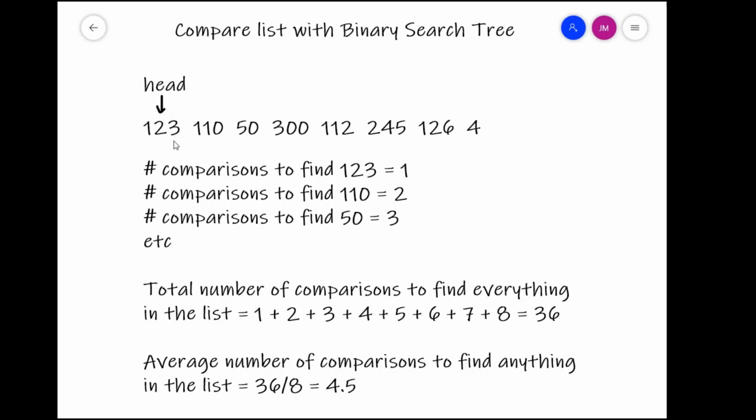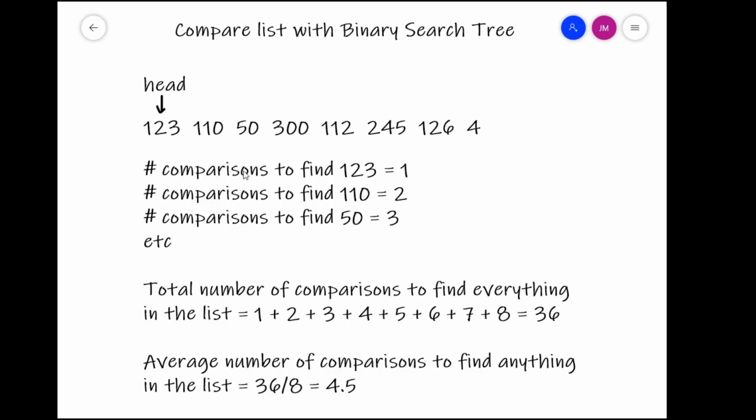Nope, that's one comparison. Go to the next. Is this 4? Nope. Go to the next one. Is this 4? Nope. And go on until I find 4 at the end. It's a sequential search. I have to go to one in order to go to the next.